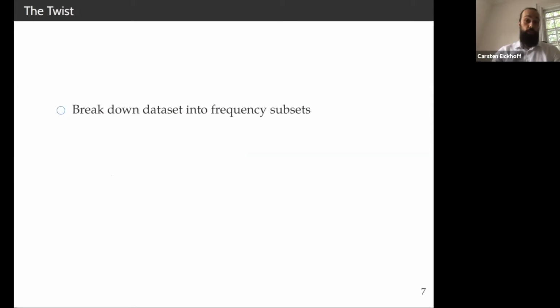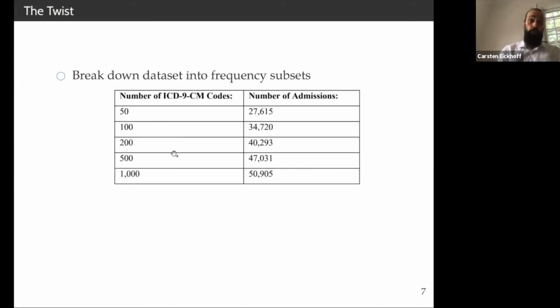So the twist is that we now take this data set of these 58,000 admissions, and we split that up by target disease and by frequency of that target disease. So what we're doing is we have 5 subsets here. So the first subset is the 1,000 most frequent ICD codes. Right? So we take all admissions that have as their target diagnosis one of the 1,000 most frequent things.